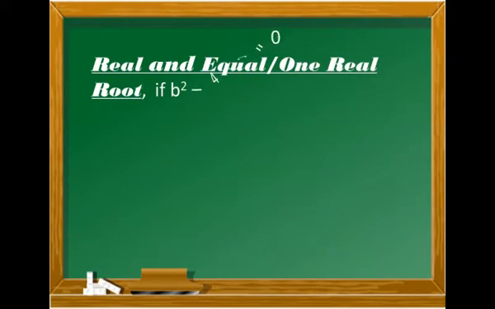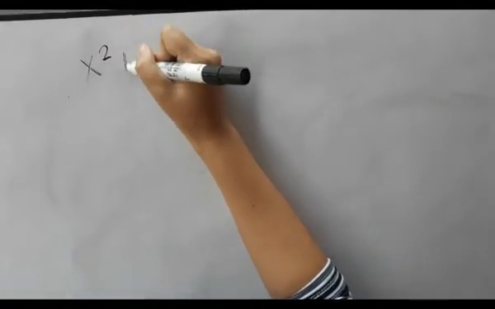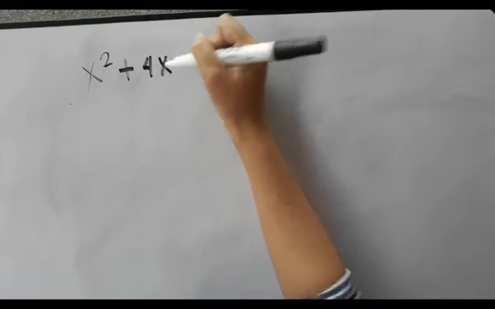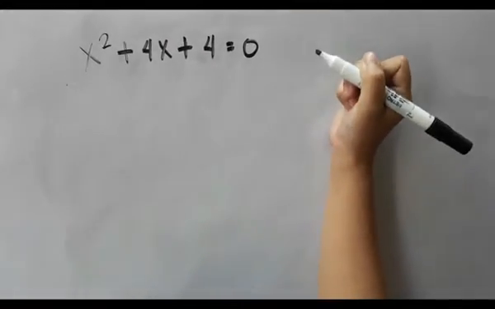Now, if the discriminant b squared minus 4ac is equal to 0, the quadratic equation is said to have real and equal roots, or has one real root. For example, given the equation x squared plus 4x plus 4 equals 0.